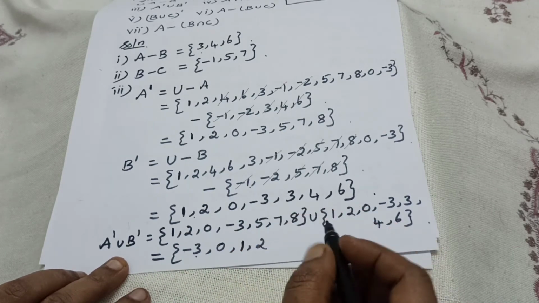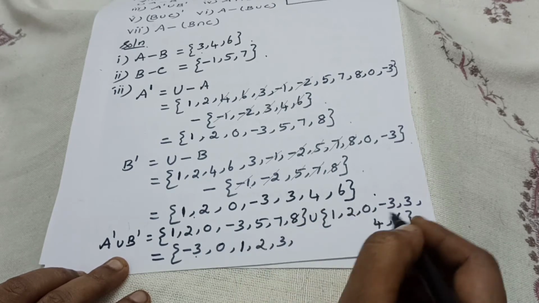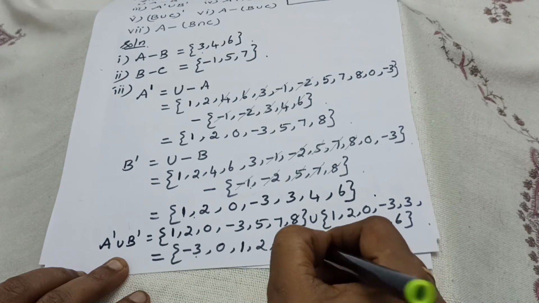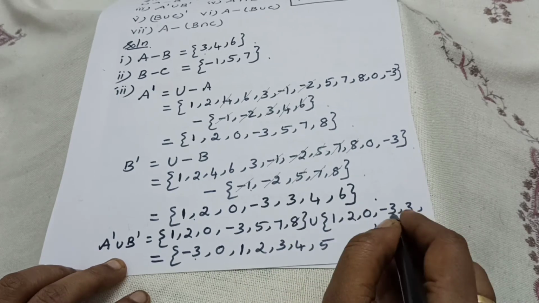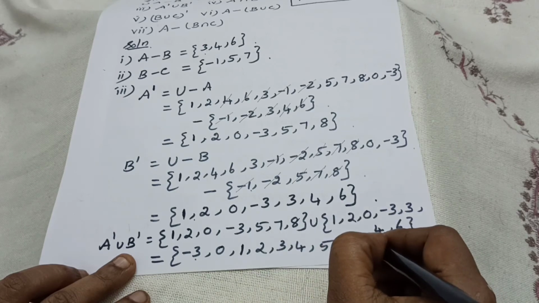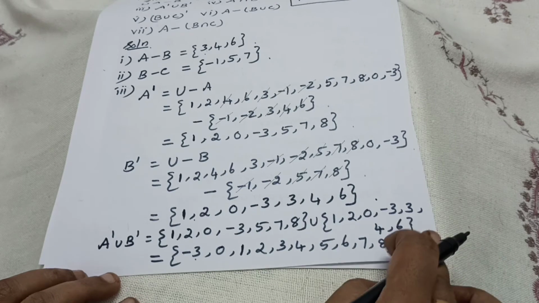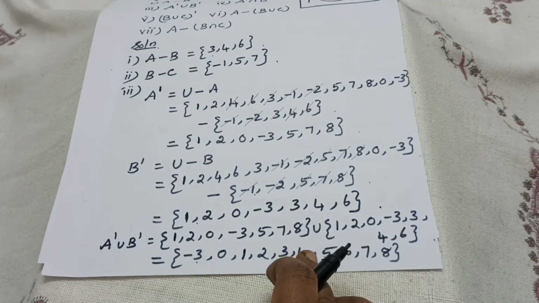Next 3 is there, 4 is there, 5, then 6, 7, then 8. Have you understood? Are you clear?